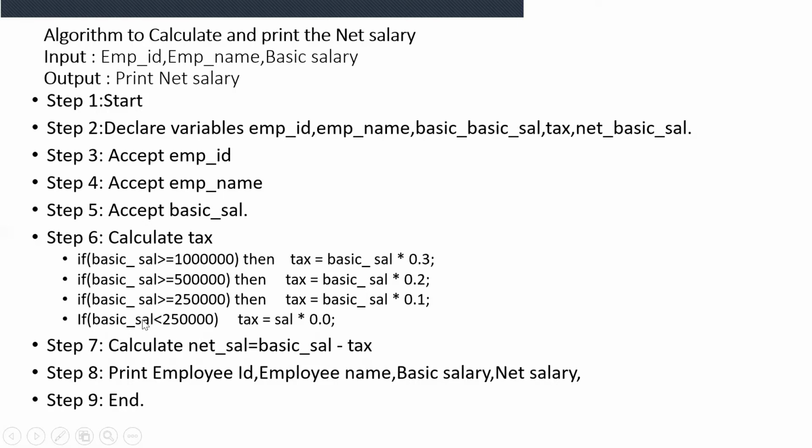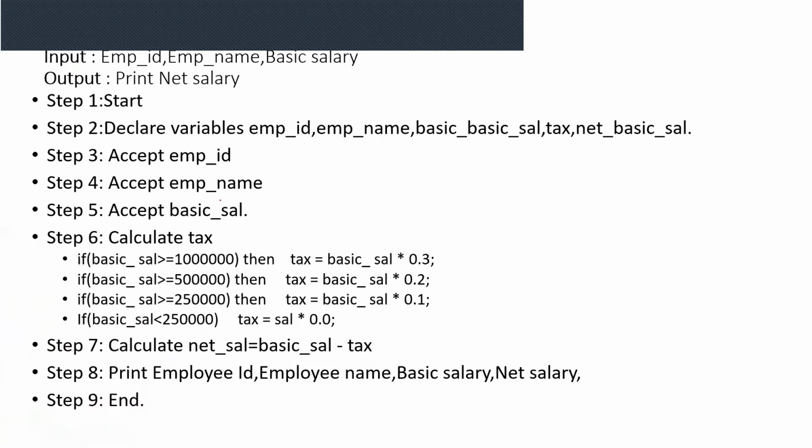If it is any amount less than 2,50,000, then there is no tax for that employee. So in this step we calculated the tax. This is very simple. I'll type it and show you.